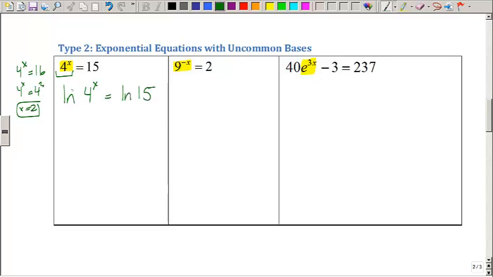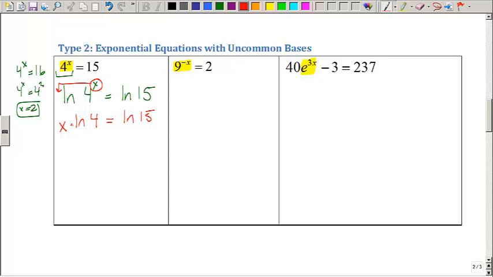So I just put the ln in front of both sides of the equation. What this does is it takes my exponent. Using the power rule, I can replace the exponent in for the coefficient, and I get x ln 4 equals ln 15.